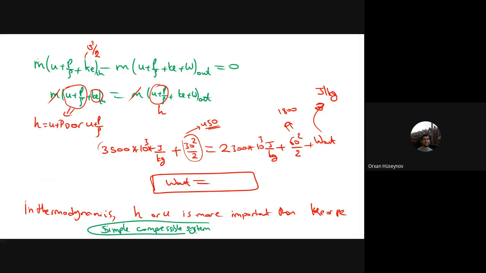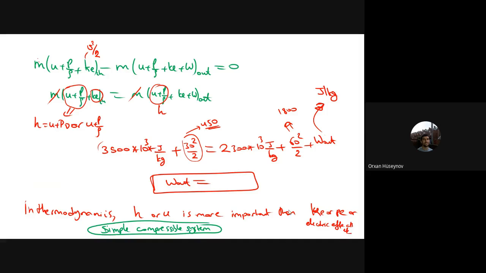Simple compressible system, where you have the thermodynamic variables that are more important than the rest of the variables like kinetic energy, potential energy, or magnetic effects, electric effects, etc.